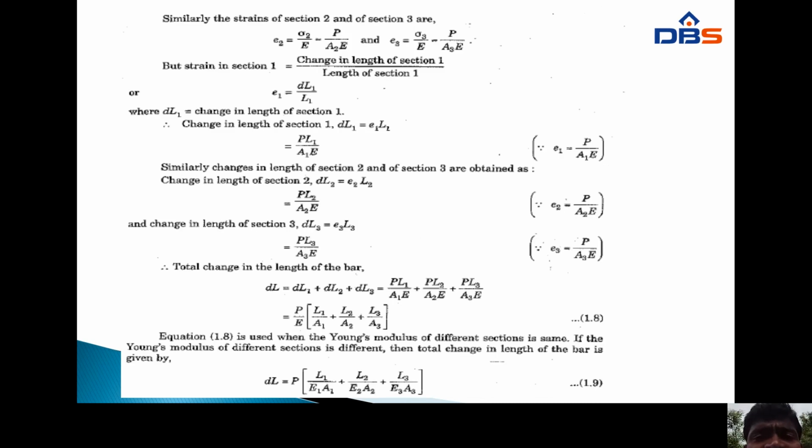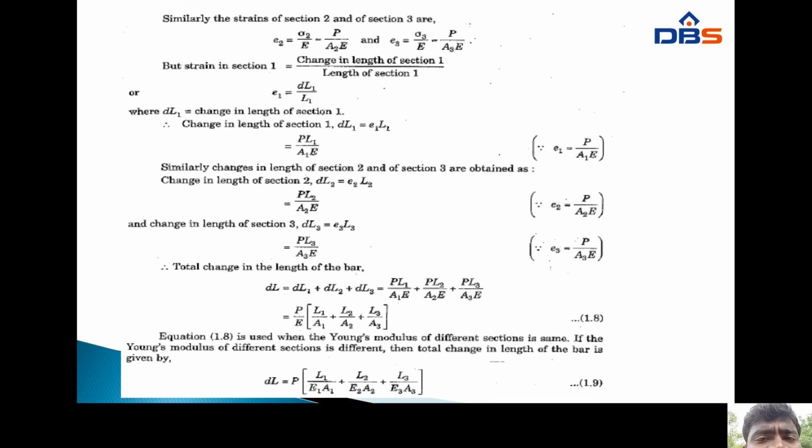Similarly, for section 2 and section 3, the strains are epsilon 2 equals P by A2E and epsilon 3 equals P by A3E. But strain is change in length by original length.